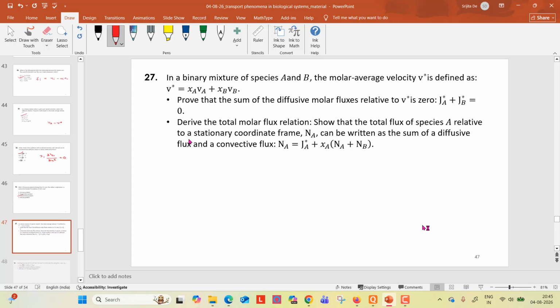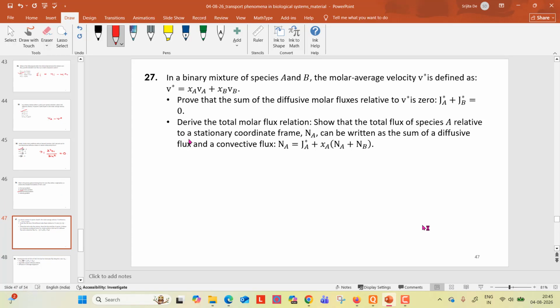Next. In a binary mixture of species A and B, the molar average velocity V star is defined as this. Prove that the sum of the diffusive molar fluxes relative to V star is 0. J is 0. So first we will prove this. So diffusive molar flux definition is what? So Ji star equals Ci into Vi minus V star, right?